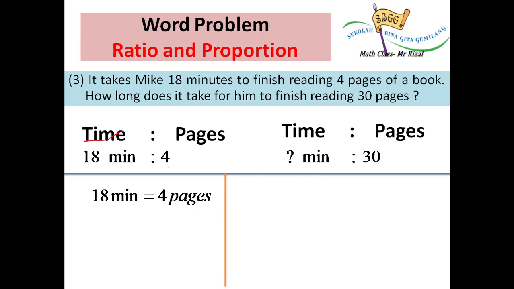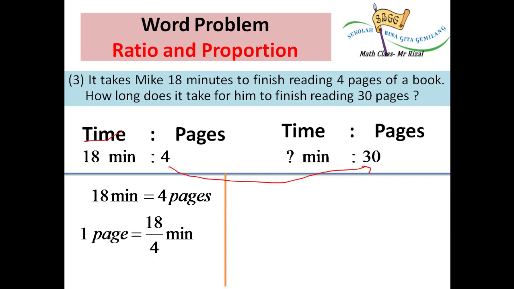So what's changed? 4 changed into 30. So, what must be changed into 1? Yes, pages. It means that 4 pages change into 1 page. So, if 4 pages equal 18 minutes, 1 page equals 18 out of 4.